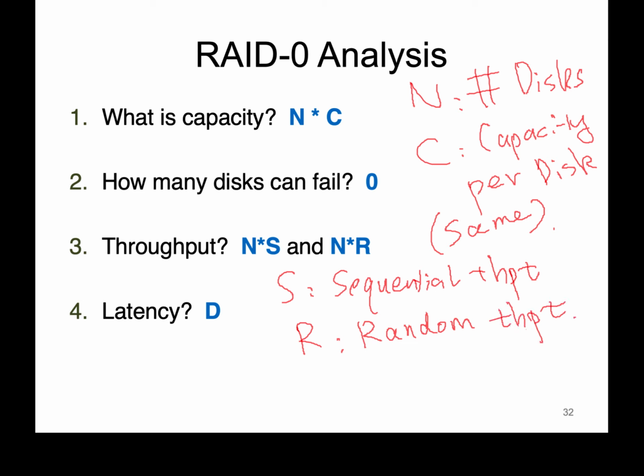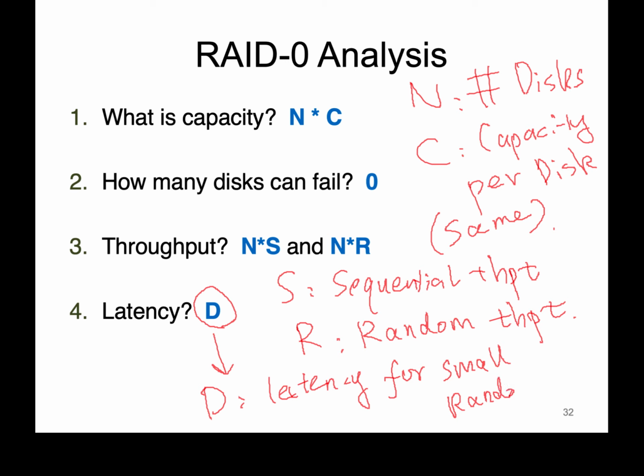And whenever talking about latency, we have this metric called D. D is the latency for a single small random I/O. All right, so this is the definition of these constants.